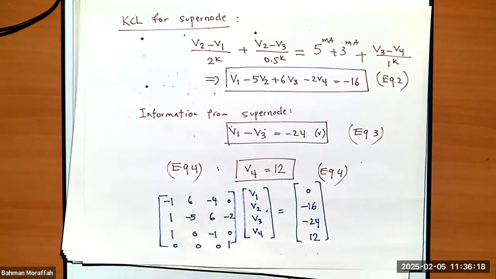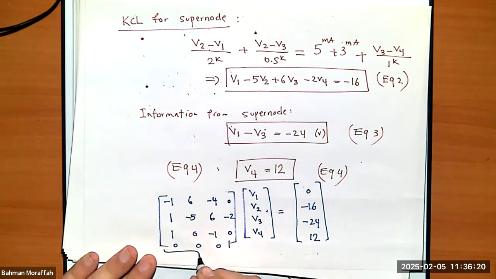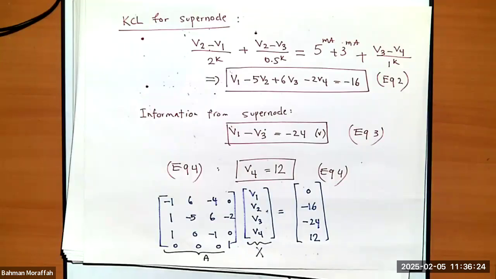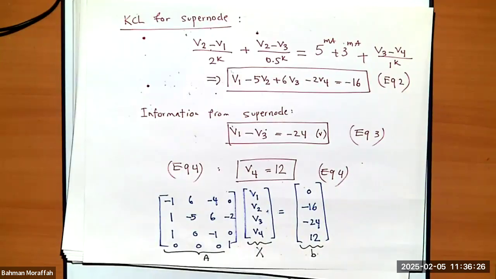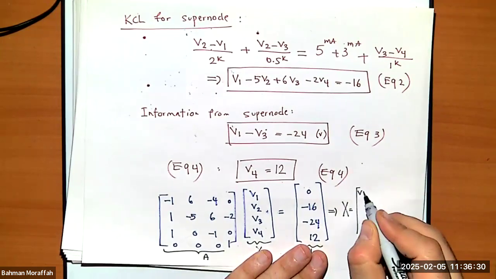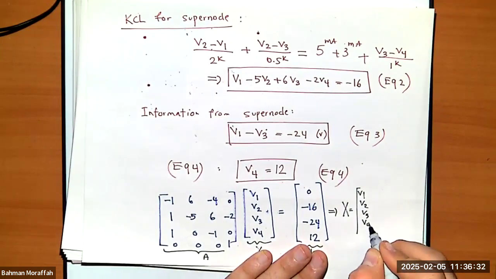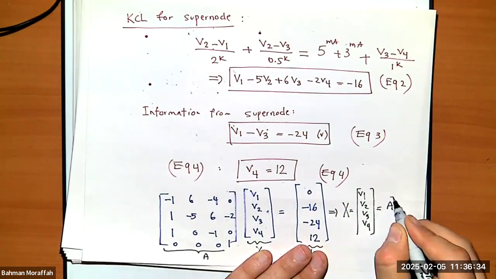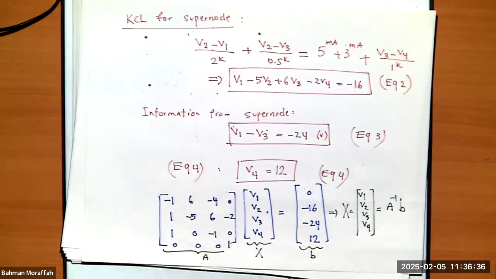Now this is my coefficient matrix A. This is my unknown variable x, and this is my known vector. I can find x, which is V1, V2, V3, V4, using A inverse.